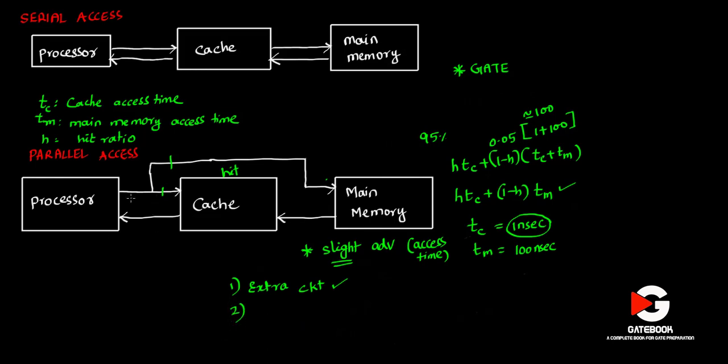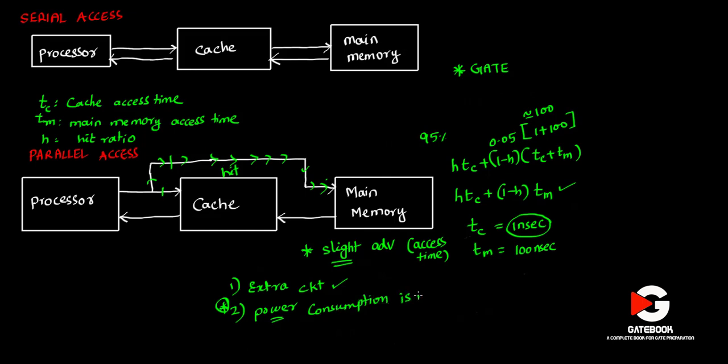Second thing, every time you are accessing the main memory, that means some signals are propagating through this line, correct? Right. And at least you are doing some extra activity that consumes power, right? Power is very important. Most of the times in academics we neglect this area, like power consumption is more here.